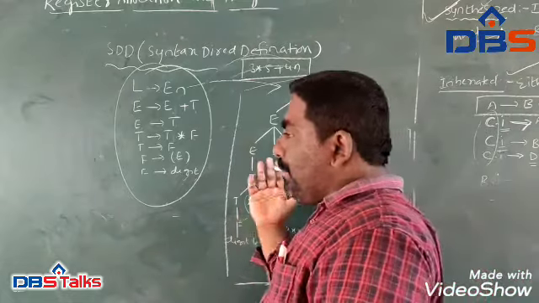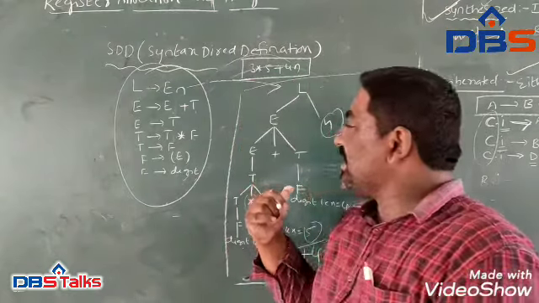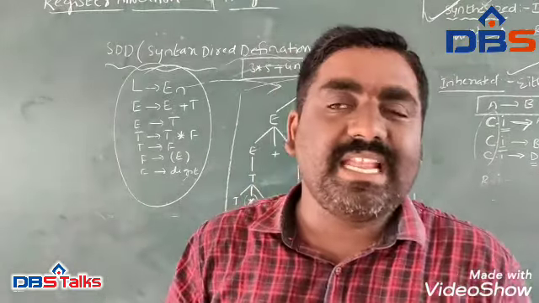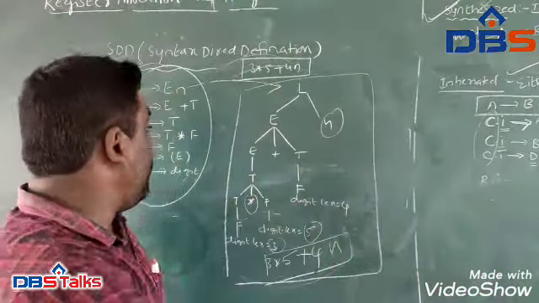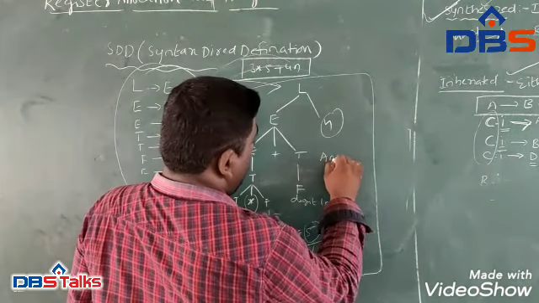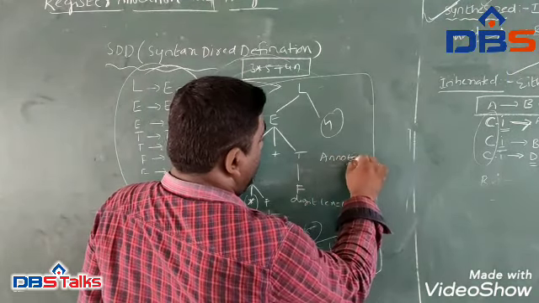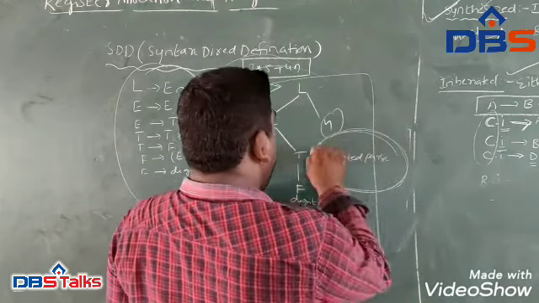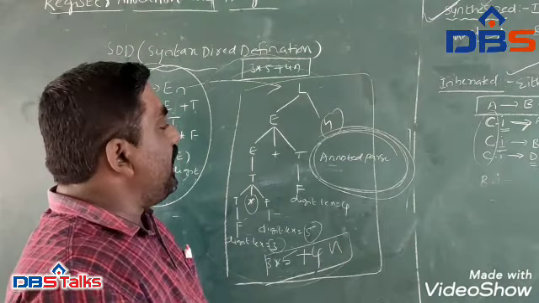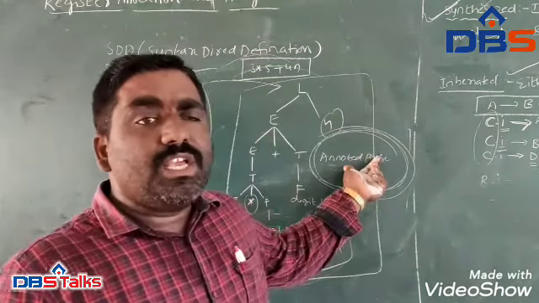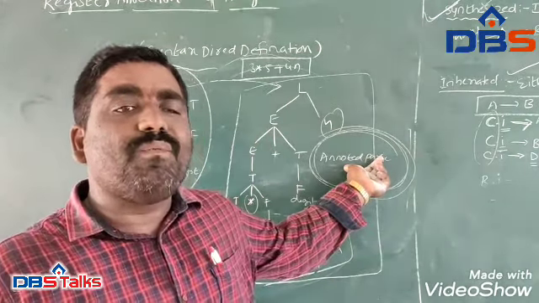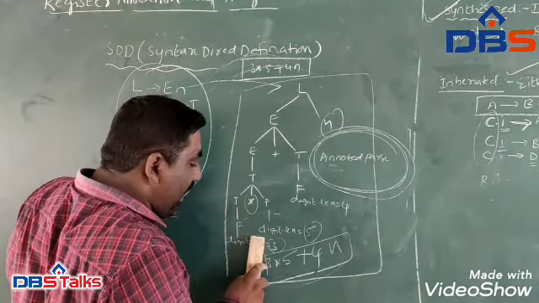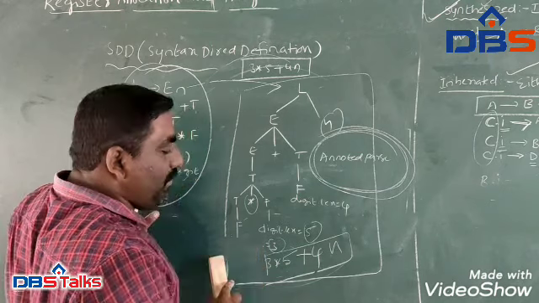After constructing the syntax tree, we are going to reconstruct it as an annotated parse tree. So what is meant by an annotated parse tree? An annotated parse tree is a parse tree in which all the nodes have values. That means here we don't have anything except the values.